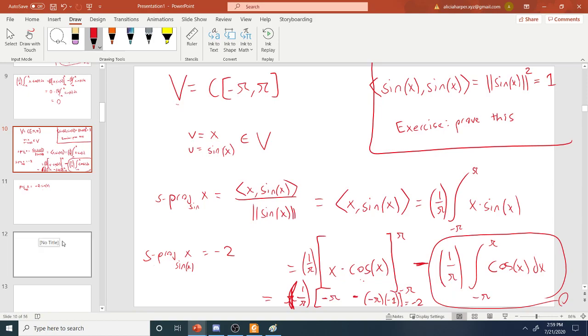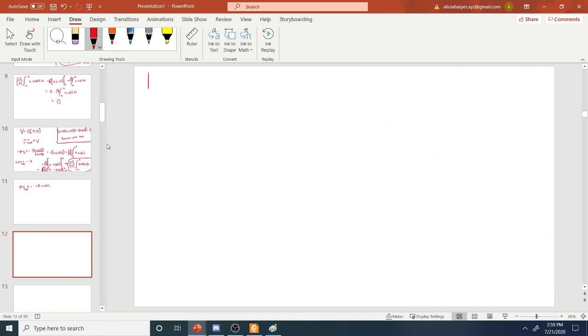Now, let me state a lemma. So here's what my lemma is. Suppose that u and v are elements of V, where V is an inner product space.